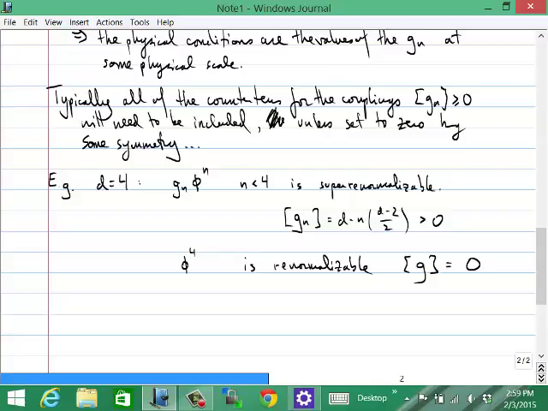So, thinking about scalar field theories in 4 dimensions again, if you have a phi n interaction, say the 5-point interaction that we described above, that's non-renormalizable.